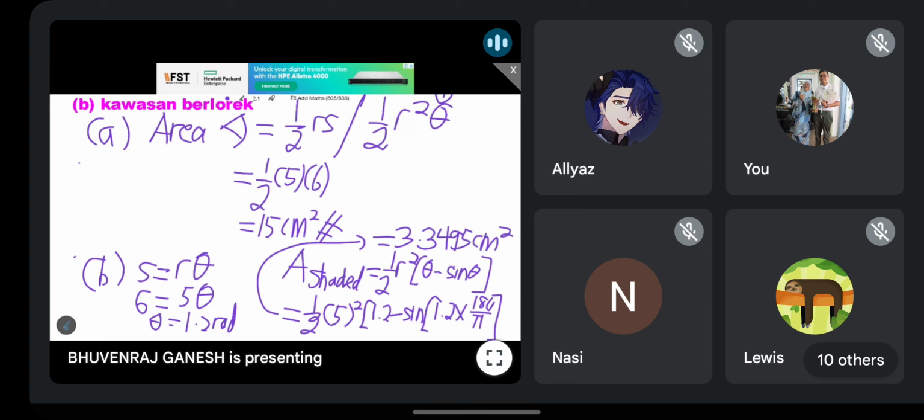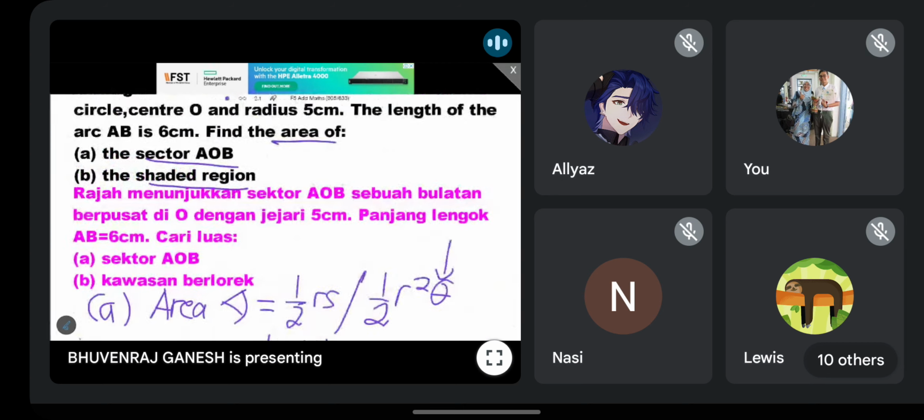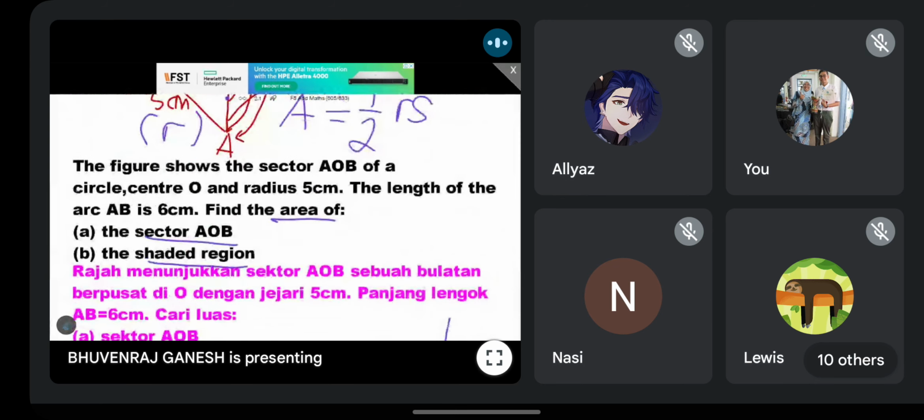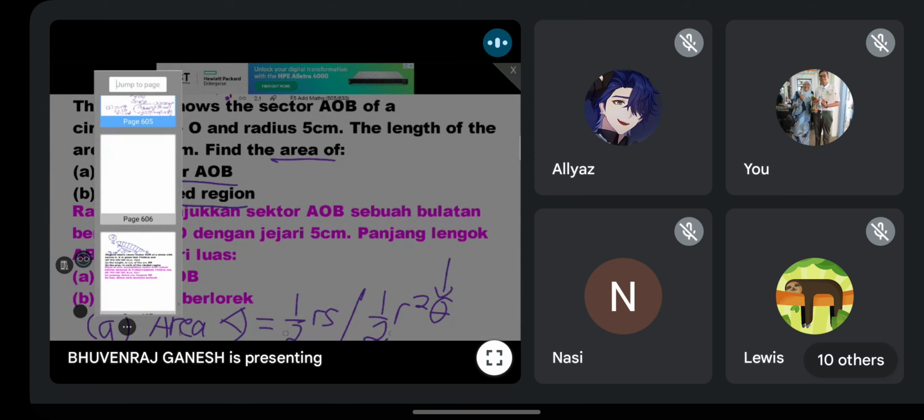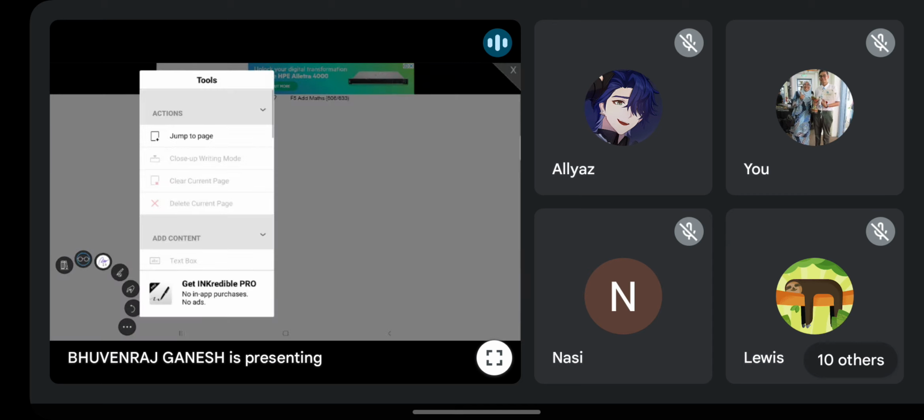Okay, don't forget unit guys. Unit in this chapter penting. So make sure kamu tulis unit. cm square, cm, okay, must write unit. Okay guys, ada apa-apa soalan untuk number 2? Are you clear? I think should be clear lah. Dia masih mudah sekarang. Okay, so we go next question.